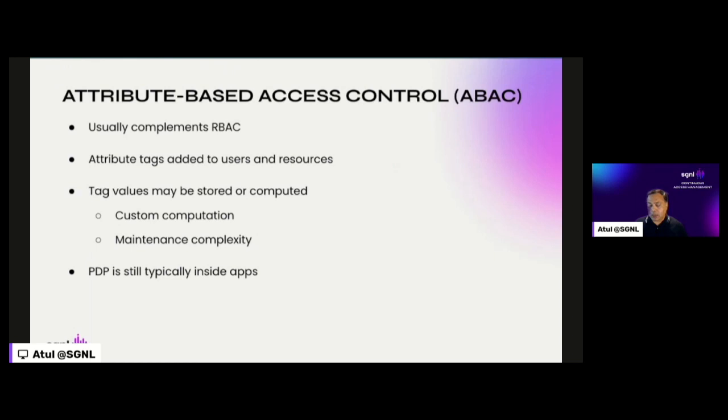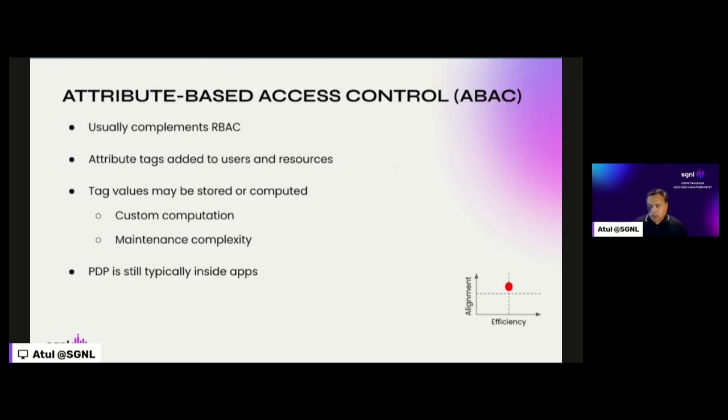And that data is also tagged with similar properties, like let's say this file is allowed to be viewed only by residents of the EU, and then you look for that same tag for the user, and then you decide whether or not that user is able to do it. But these decisions are still being made inside the application, right? So it's the same, you're centralizing the administration and information, but the decision is still being made inside the application, right? Now, this is much more efficient, much more dynamic, because these attributes can change much more rapidly and automatically.